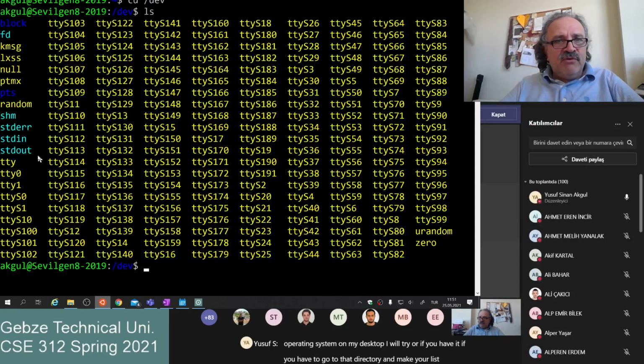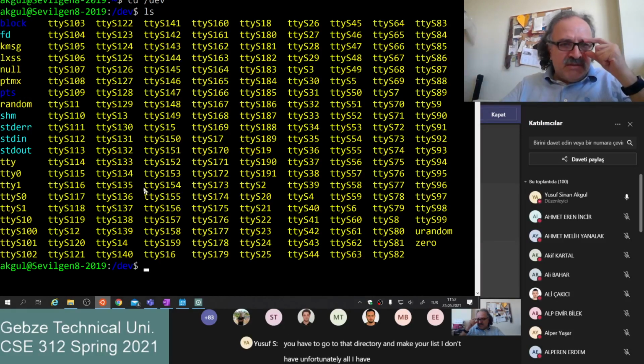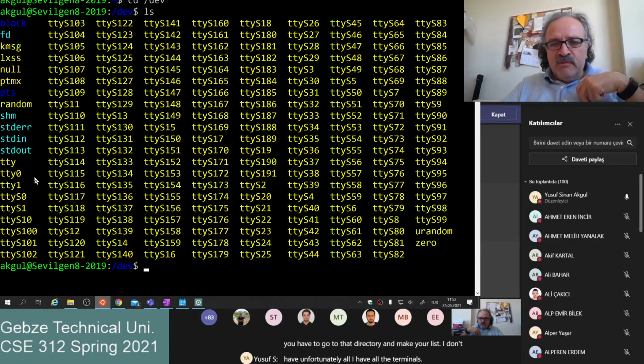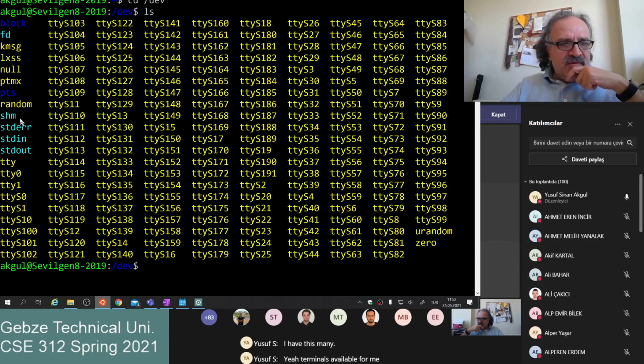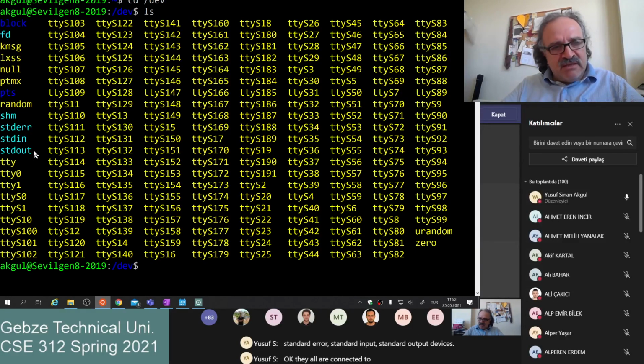I don't have it, unfortunately. All I have are the terminals. TTY are the terminals. I have this many terminals available to me, and some of the devices are standard error, standard input, and standard output. They are all connected to the same device driver, but their units are different.